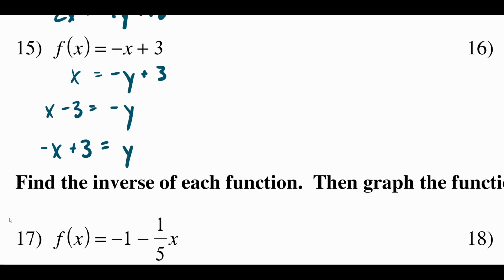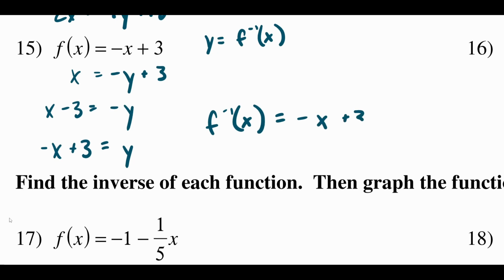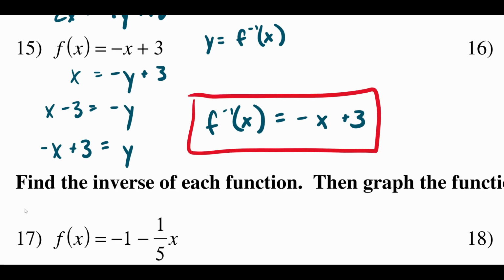But what really is y? Remember, when we swap those, we know that y is technically equal to the inverse of f of x. So rewriting this, we'll have that the inverse is equal to negative x plus 3. And that's our solution for number 15.